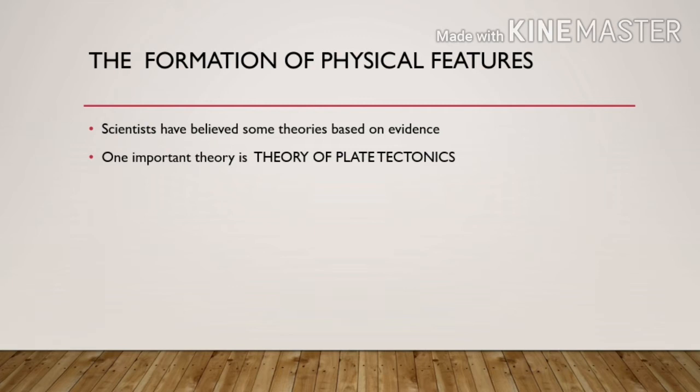There are seven major and some minor plates. The movement of plates results in different formations, and these different formations change the physical features of earth.